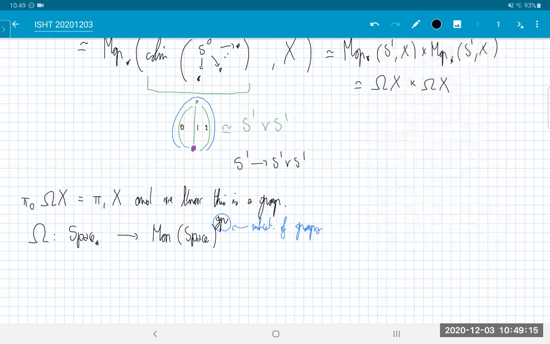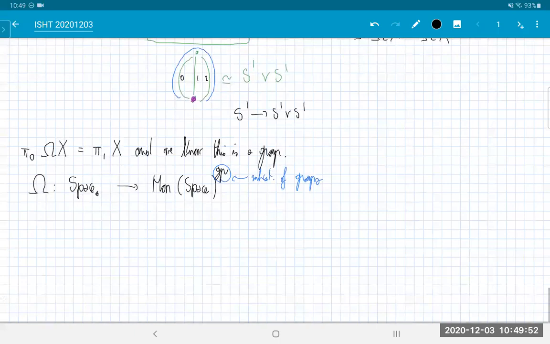And the theorem will be, well, we'll say many things, but among those things there will be that this is an equivalence when restricted to connected pointed spaces. Okay. Questions?